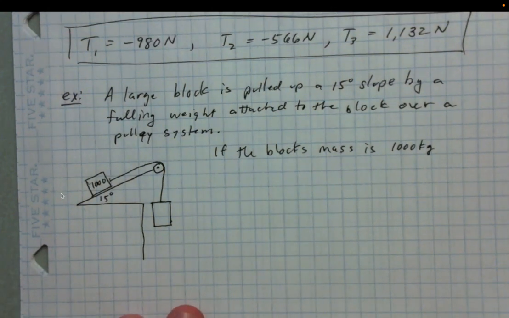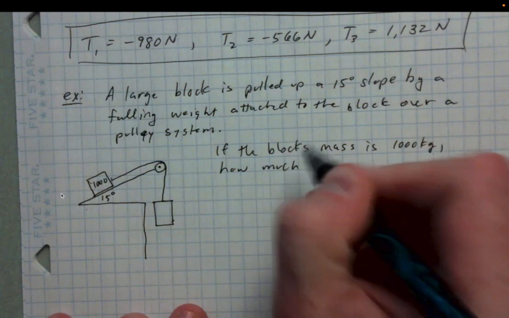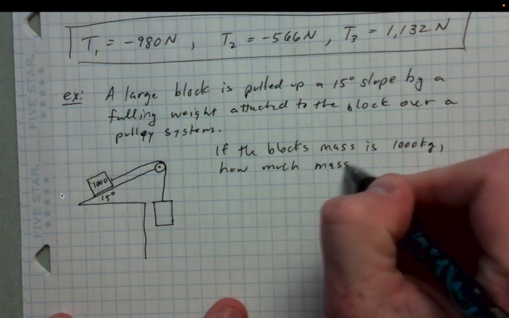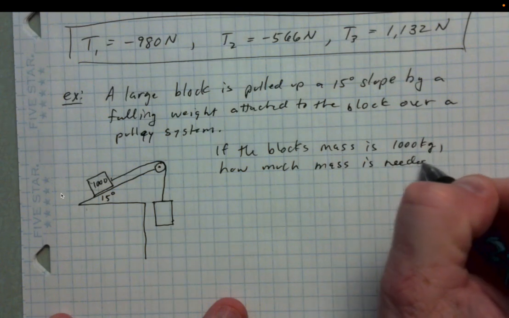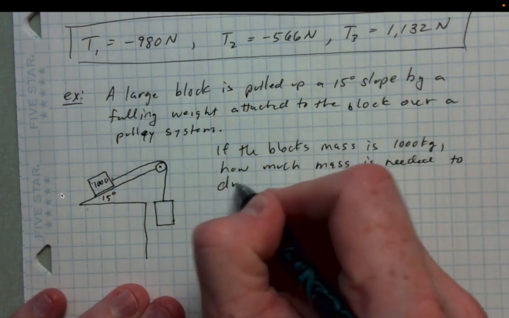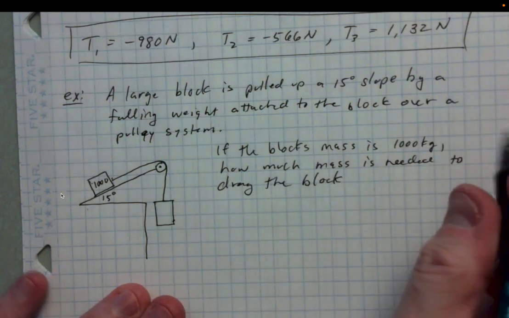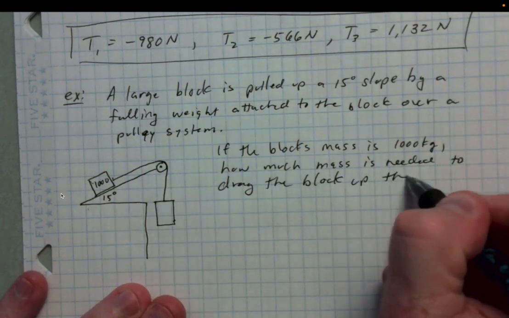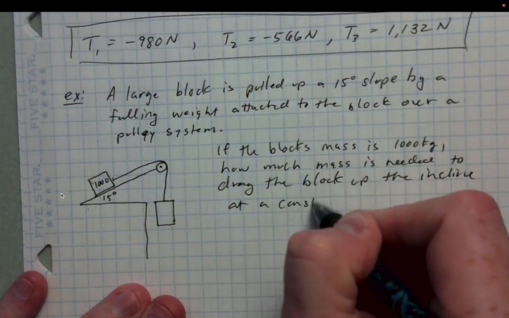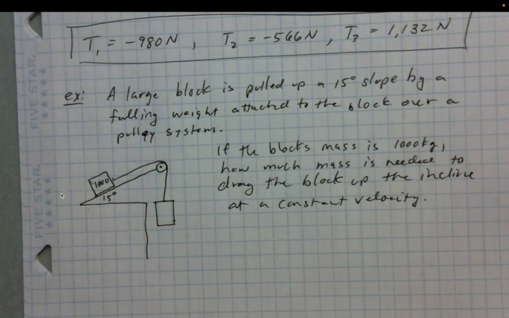If the block's mass is 1,000 kilograms, how much mass is needed to drag the block up the incline at a constant velocity? Okay, that's the question.